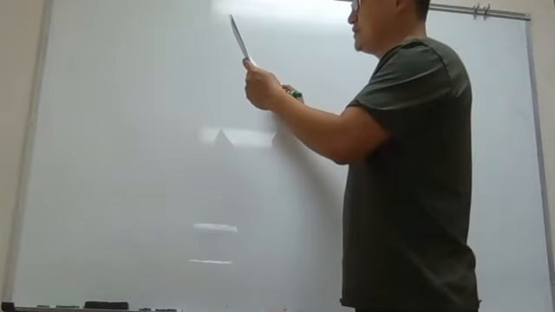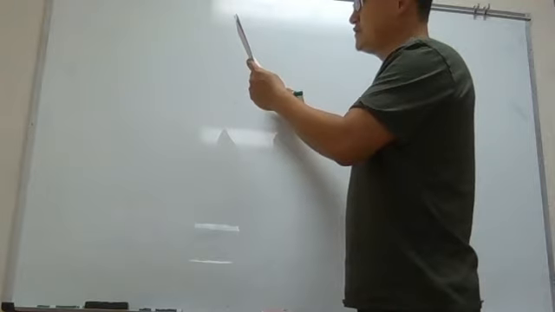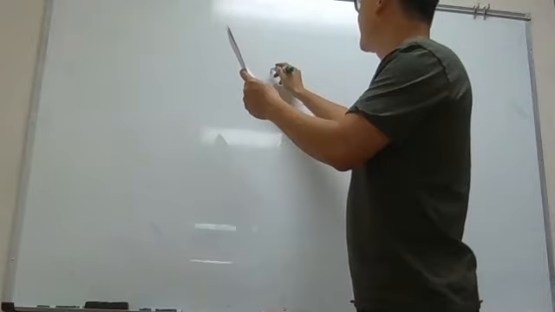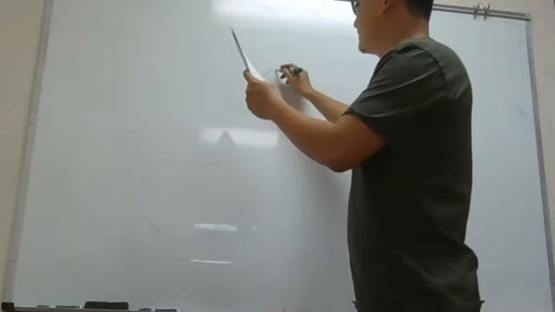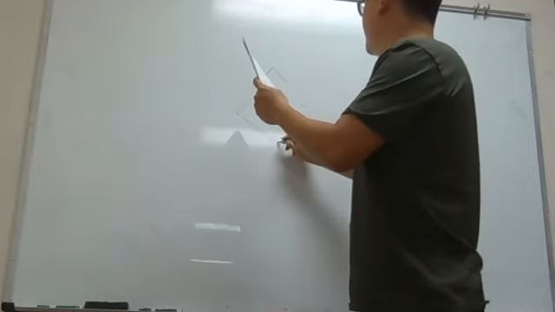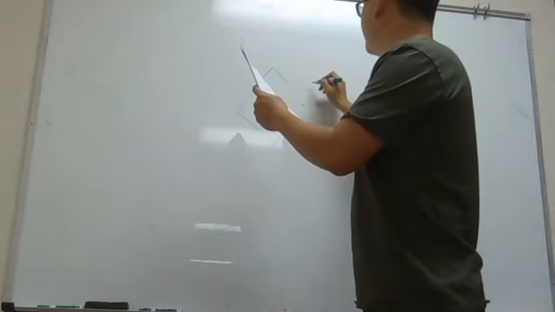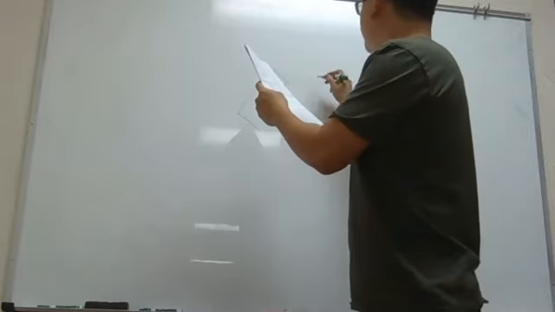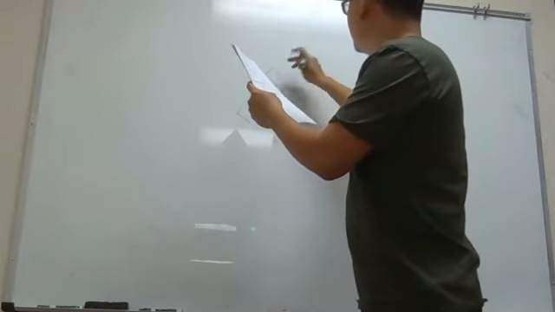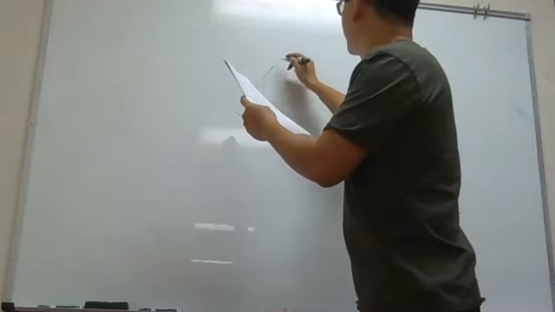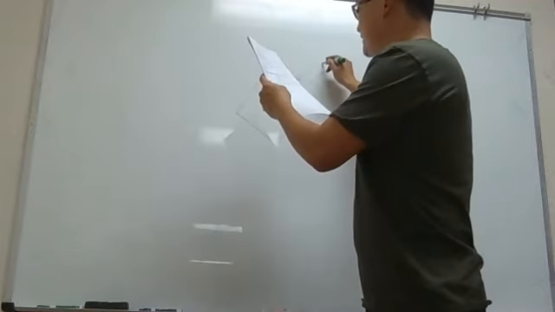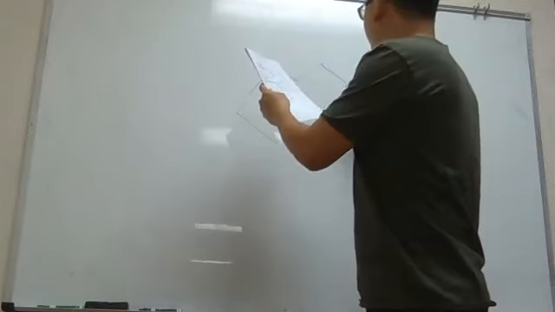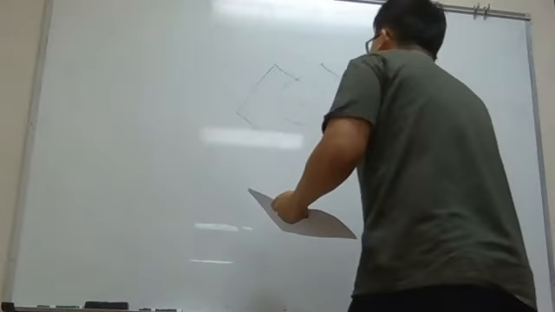Okay, so next one, you have two 4 by 4 squares, right? So one 4 by 4 square, and a second 4 by 4 square intersect each other, and you put a circle in there somehow. Just to make your life harder, they put a circle here.